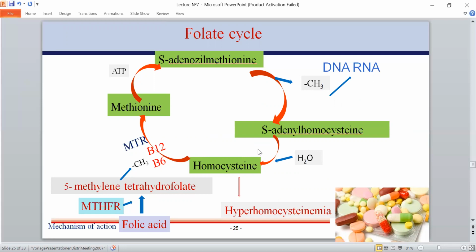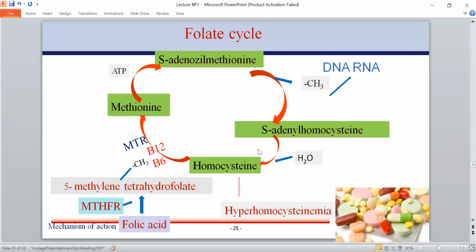so-called 5-methylenetetrahydrofolate and tetrahydrofolate, and methionine synthase reductase, MTR. Homocysteine is converted to methionine, and by taking ATP it becomes S-adenosylmethionine, which is needed for multiplication of RNA and DNA.